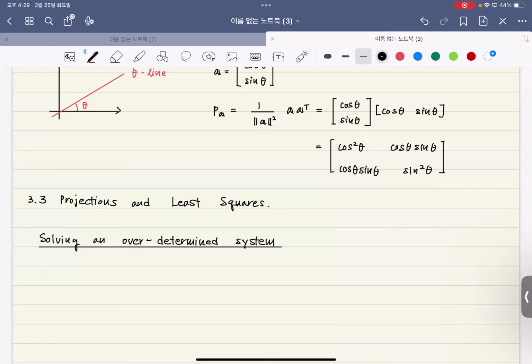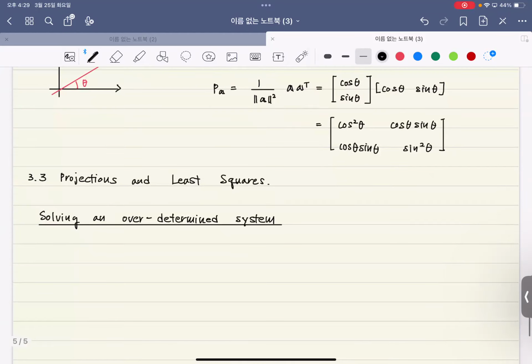An over-determined system was a system of linear equations such that the number of unknowns is less than or equal to the number of equations. Generally speaking, an under-determined system may have solutions, but the solution was not unique. On the contrary, an over-determined system sometimes doesn't have any solution, because you have too many equations.